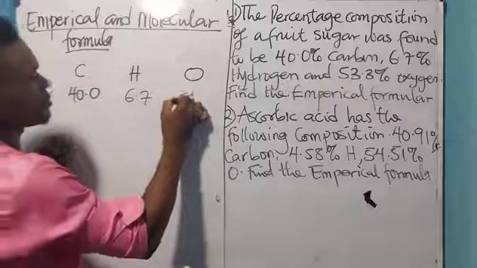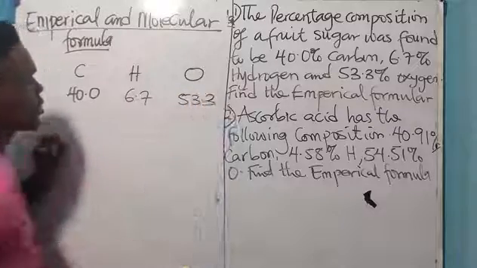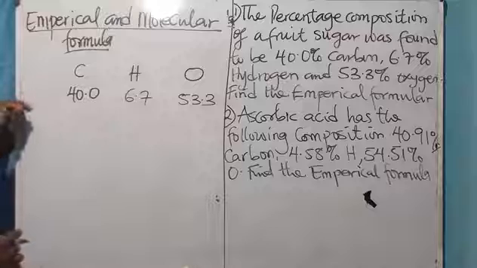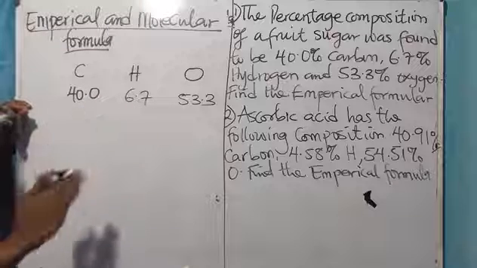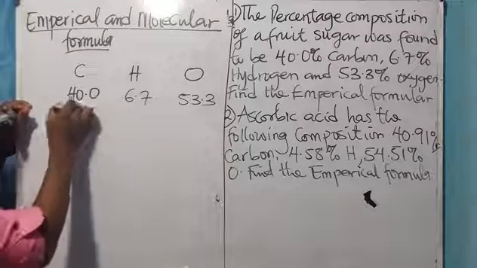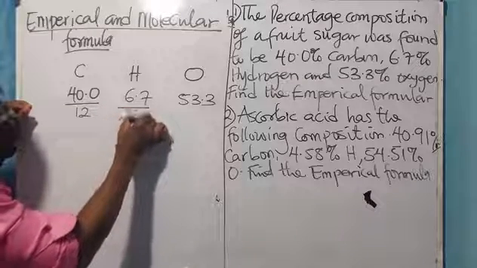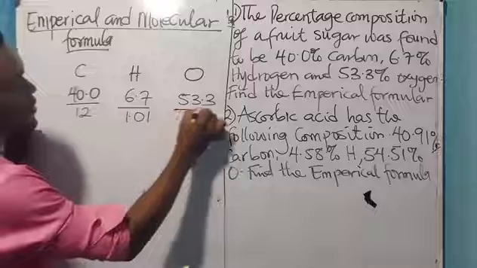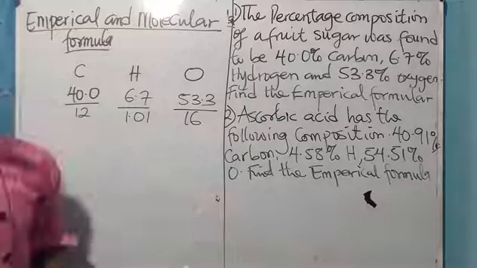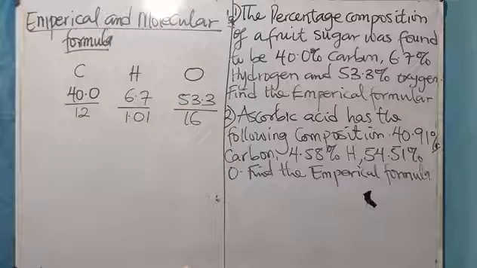Right, the next thing is to divide each element by their mass number. I have divided by 12, divided by 1.01, then divided by 16.